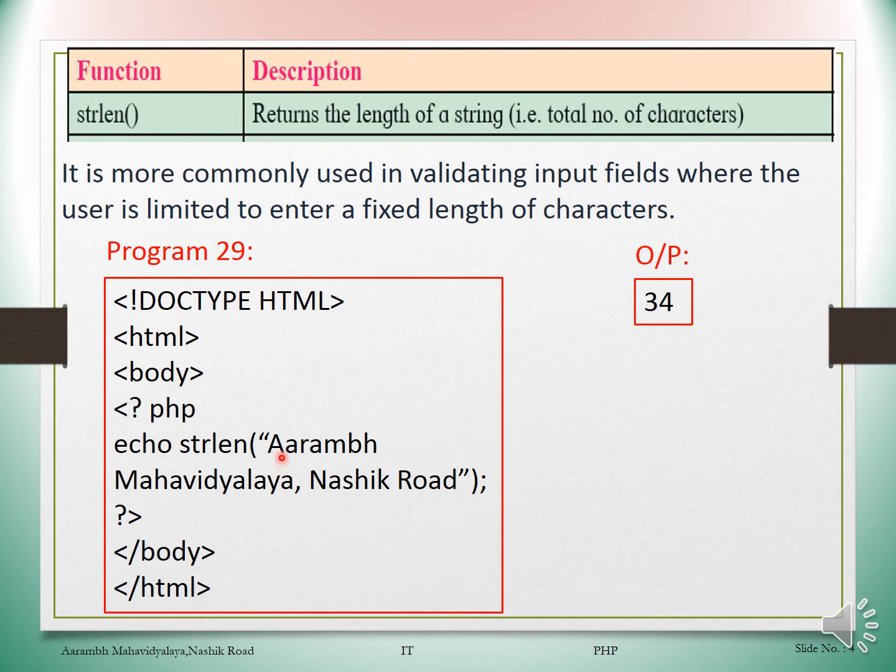All the characters from this A to this D are counted in this string length. You can count the total from this A to this D and you will get the output as 34. This is the first function, string length.